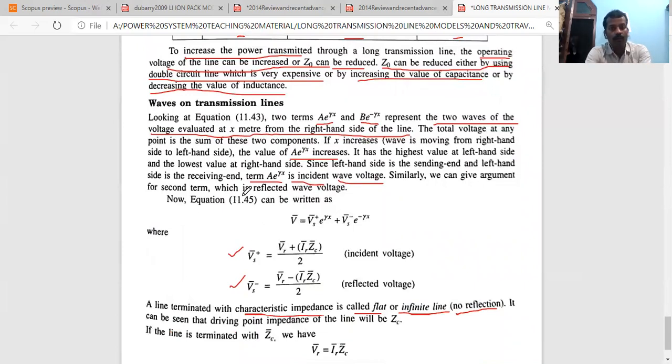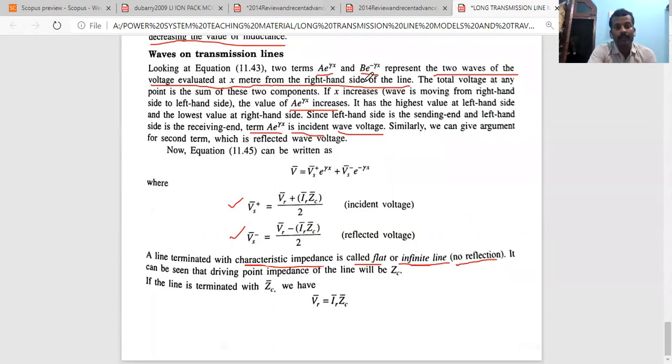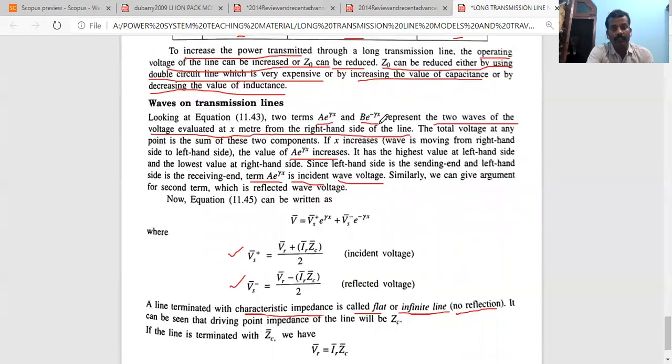Now this term A e to the power gamma x can be considered as the incident wave. Similarly, the second term B e to the power minus gamma x will be considered as the reflected wave, because it will get decreased as x increases, right?